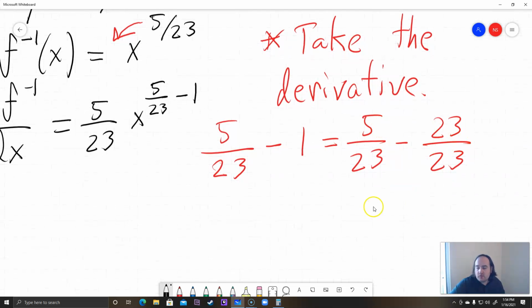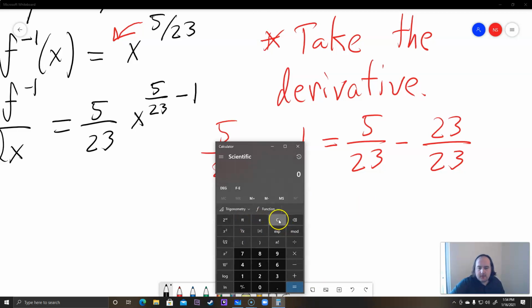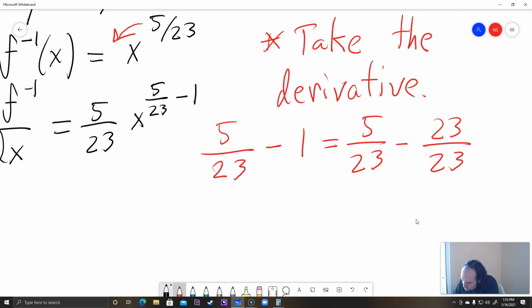And 5 minus 23 should be negative 18. Is that right? You can always use your calculator. 5 minus 23, negative 18. Okay. So we've got negative 18 over 23. Okay, so that's going to be our new exponent.